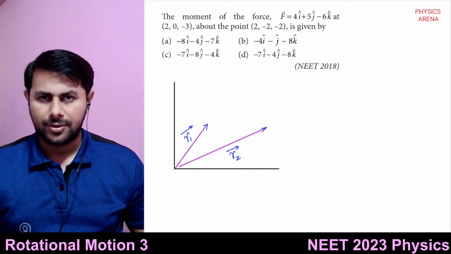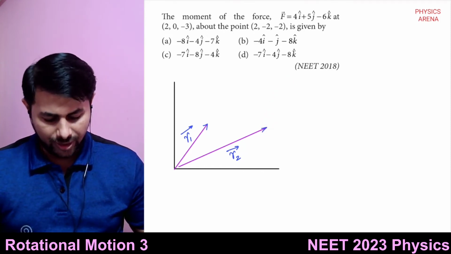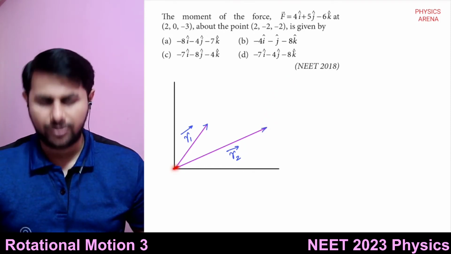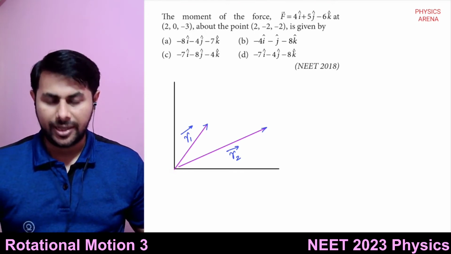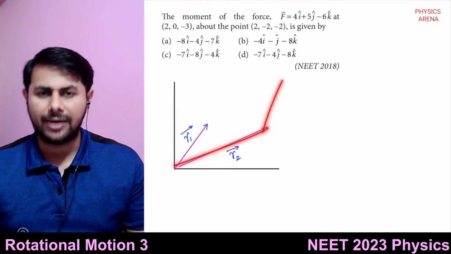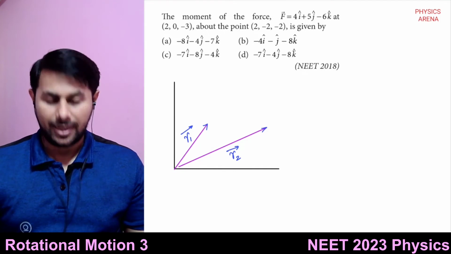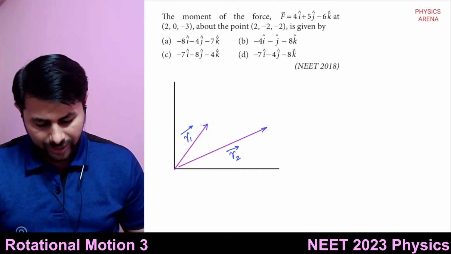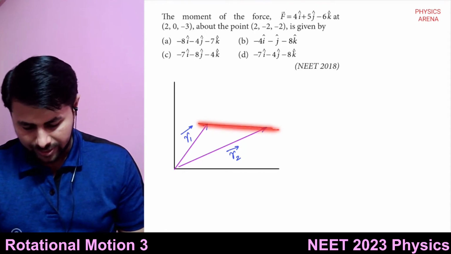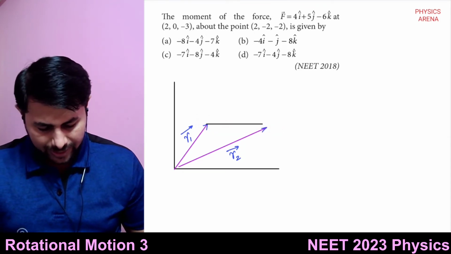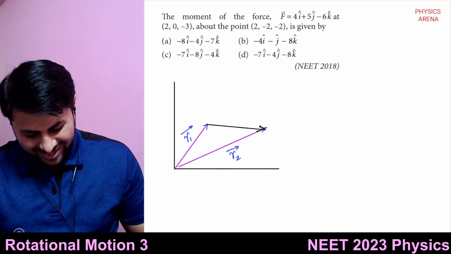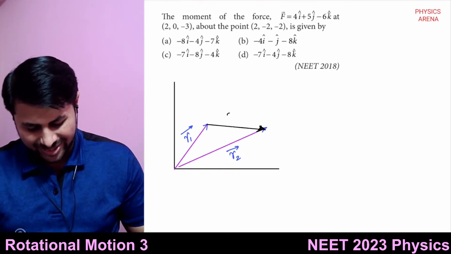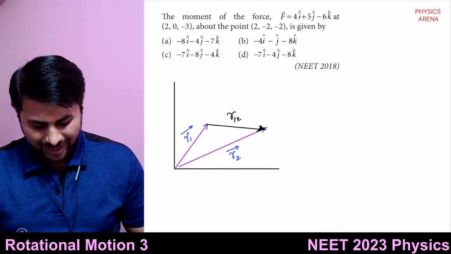Now you are not asked what is the torque of this force with respect to the origin. If that was the case, then it is just R2 bar cross F bar. They are asking what is the torque about this point. So we have to find this vector first, which is R12 bar.